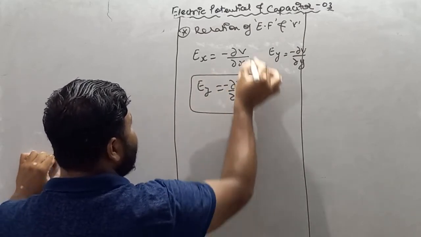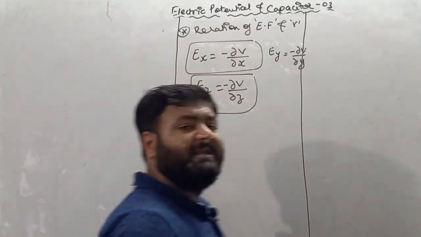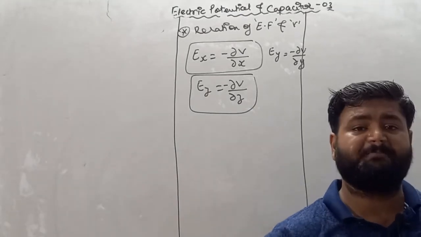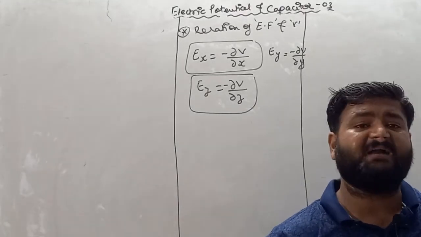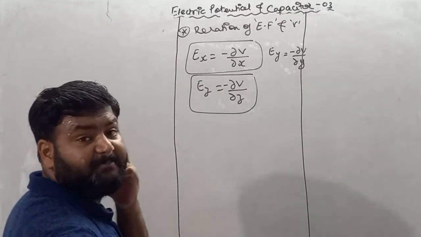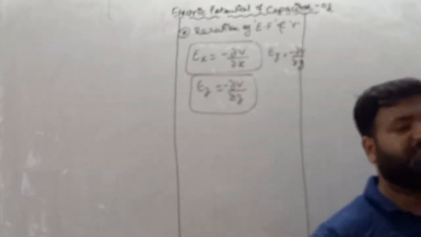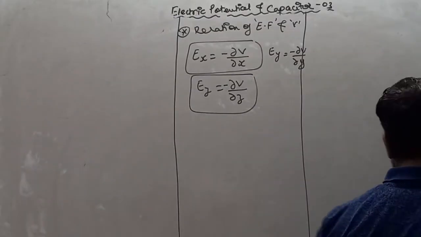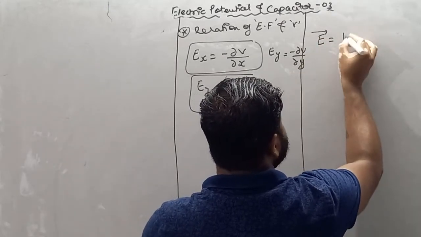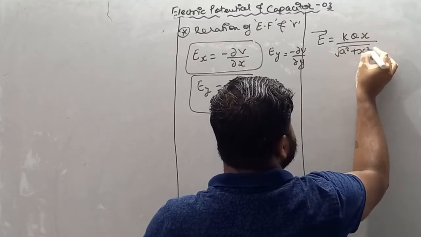Now we are finding, my dear student, with the help of potential, the value of electric field due to charge on ring at any point P, which is x distance apart from the center of ring. We know that electric field due to a ring, we already discussed in first chapter, is kqx by under root a square plus x square.